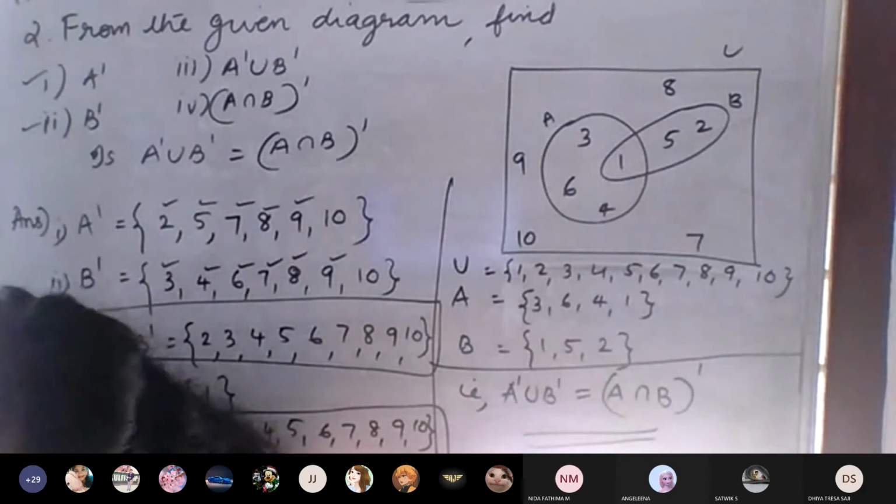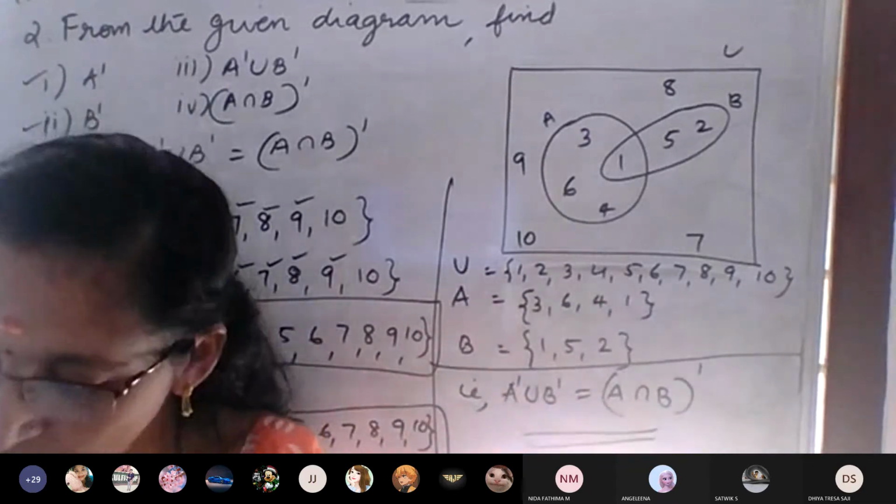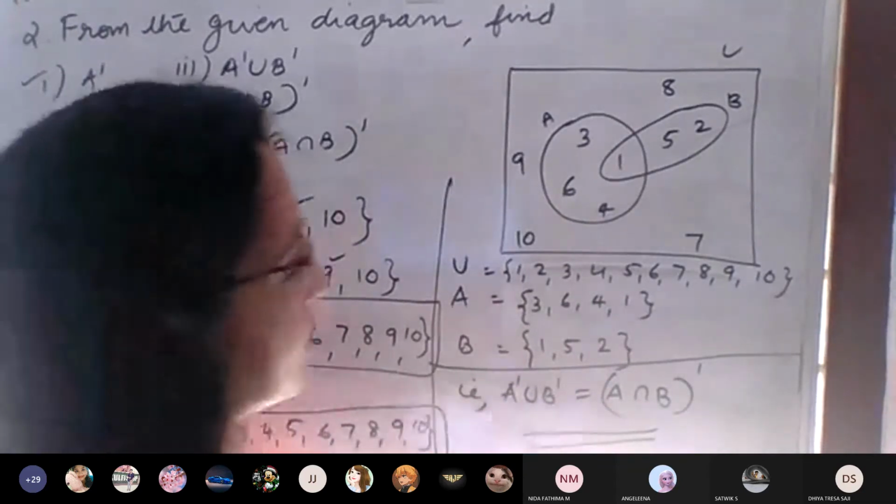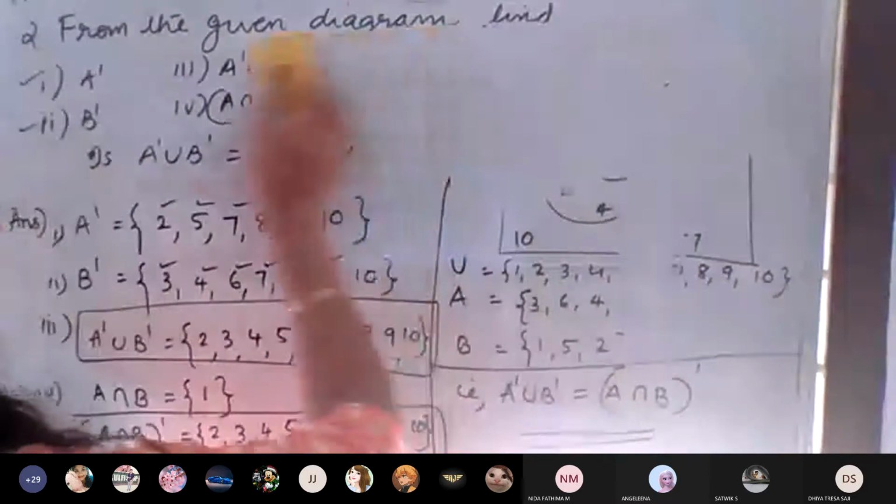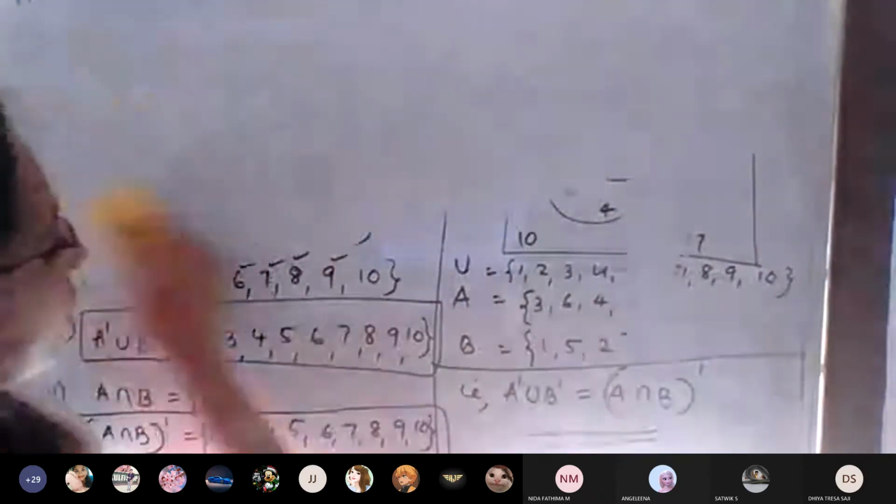Then questions number 3, 4, 10 and 11 are the same model. If not possible today, try to do them as homework for tomorrow. I will send them.